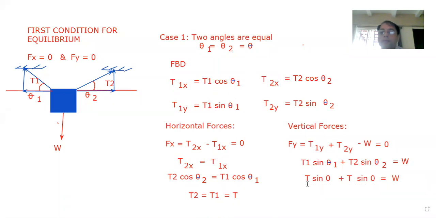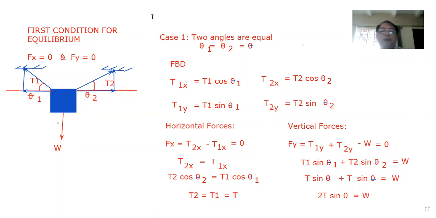Now you'll observe that the first two expressions on the left side are similar expressions. And according to algebra, if x and x is added together, you'll end up with 2x. So in this case, you'll end up with 2T sine of theta, which is equals to our weight. Mula na karoon ng equation natin.